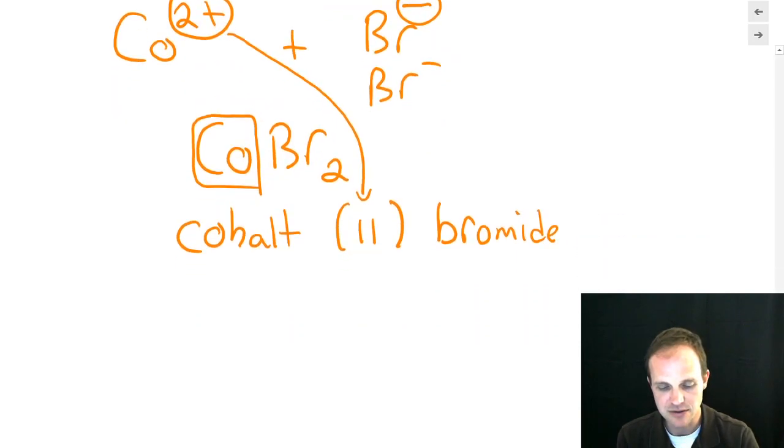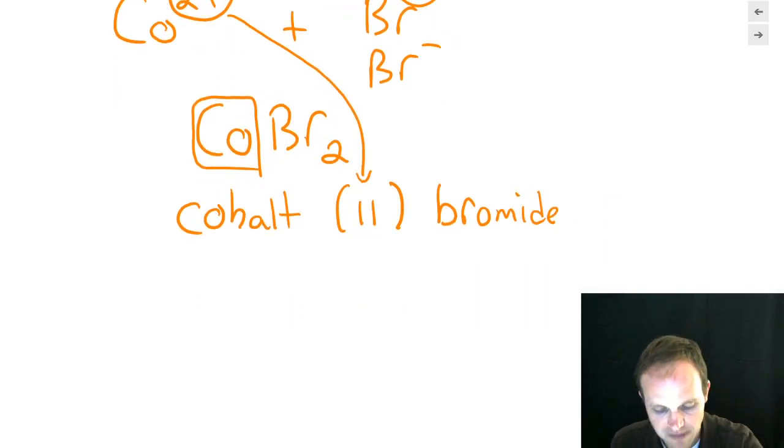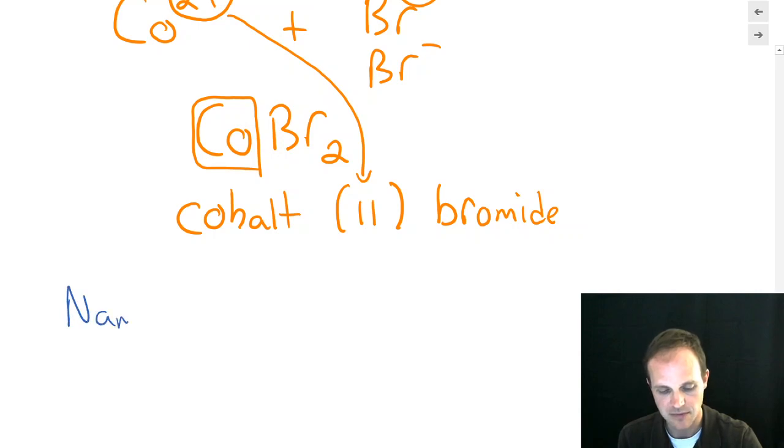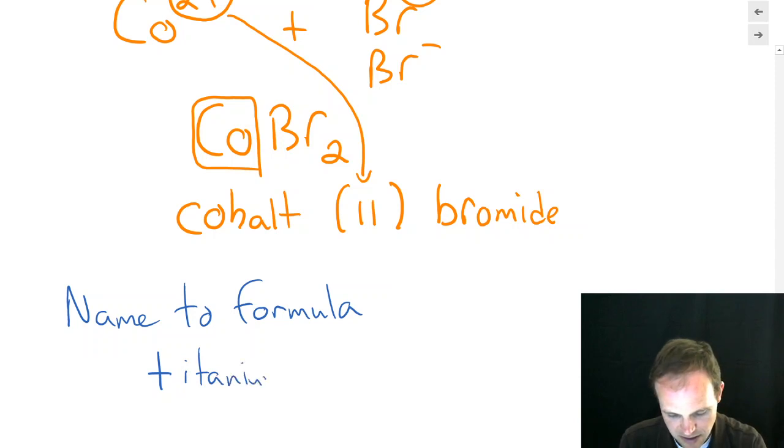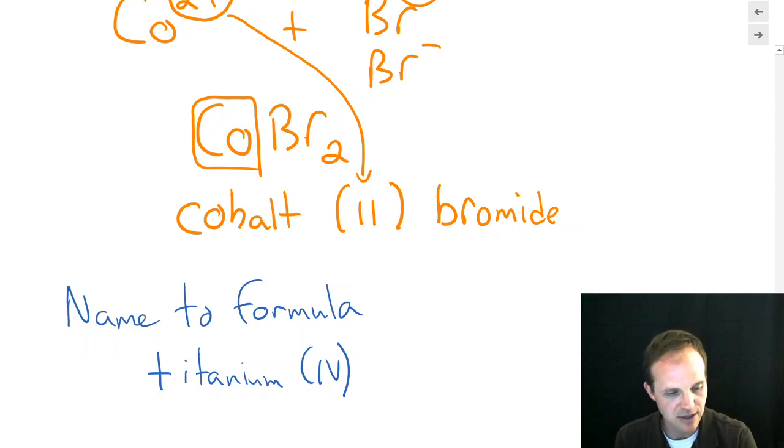And we can do the opposite way. We can go from a name to a formula. So let's take titanium 4, and let's go ahead and pair that with sulfide.